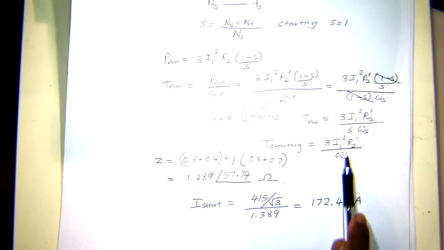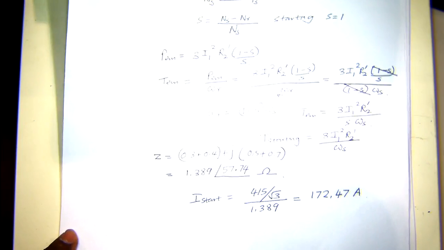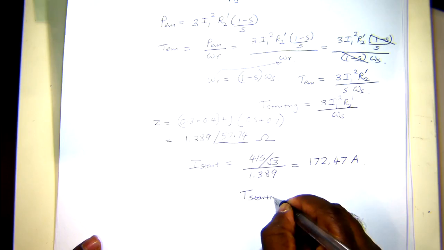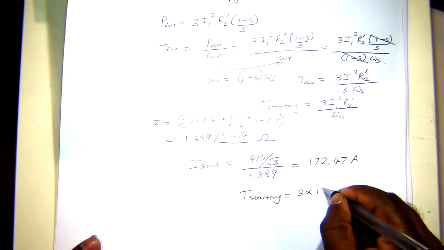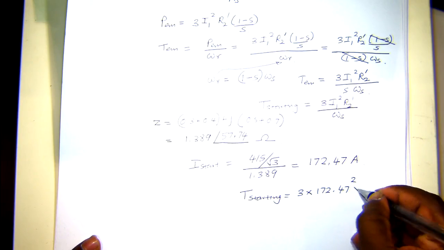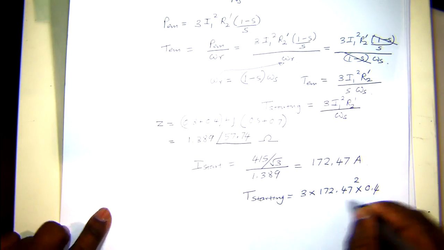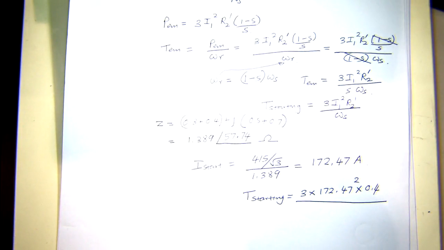So now if we substitute this here, you'll get the starting torque for the induction machine. So starting torque, T start, will be 3 times 172.47 squared, and R2 prime, that's given as 0.4 ohm. So 0.4 divided by the synchronous speed. In this example, it says it's a 50 hertz 4-pole induction machine. So the synchronous speed, I think we calculated that before, would be 3000 divided by 2, so 1500 RPM.